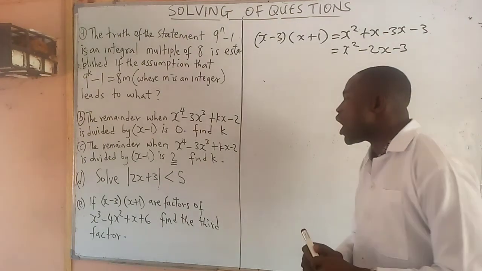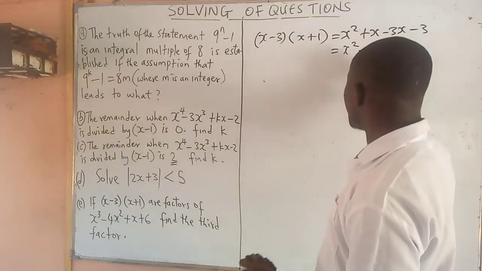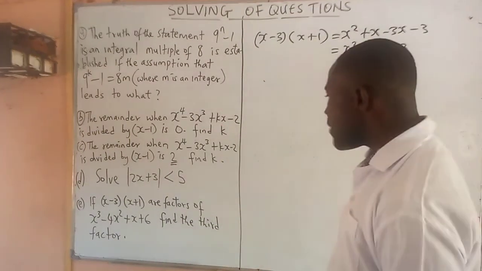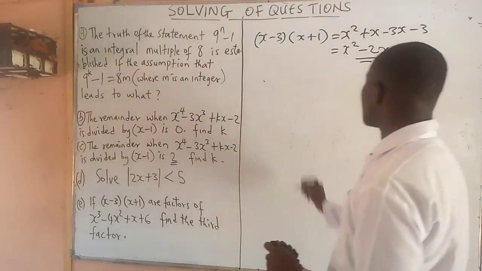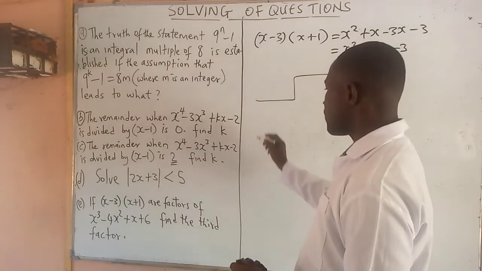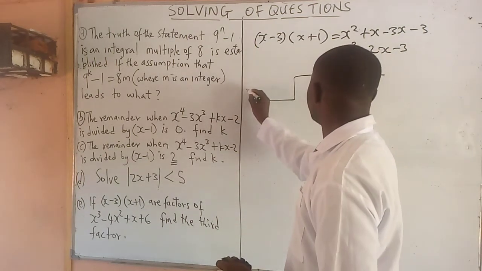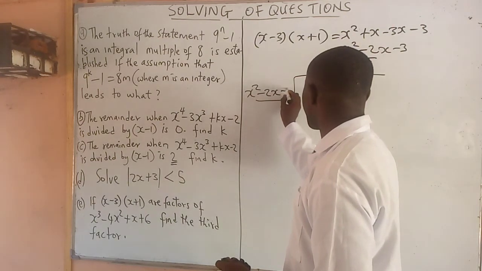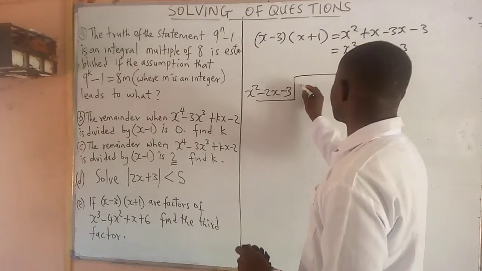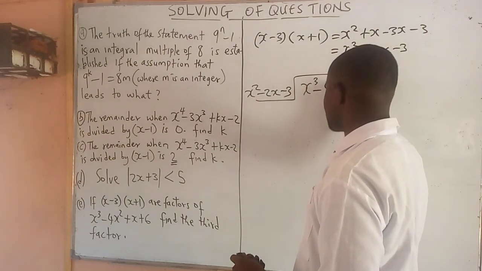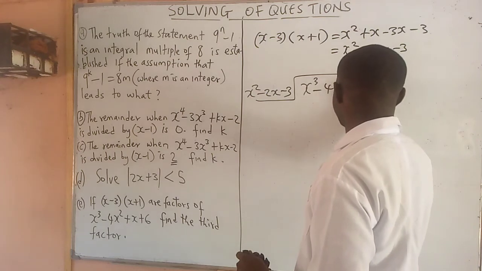Now, to get the third factor, you have to use what we have here to divide the polynomial itself so that you get the third factor. So you put it this way. My divisor is x squared minus 2x minus 3, and my dividend is x cubed minus 4x squared plus x plus 6.